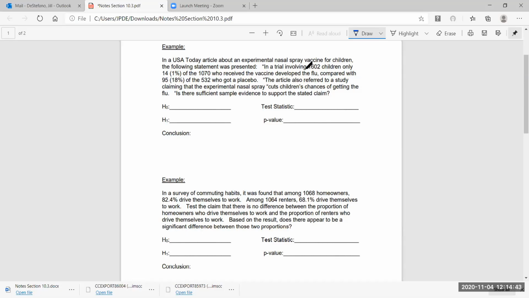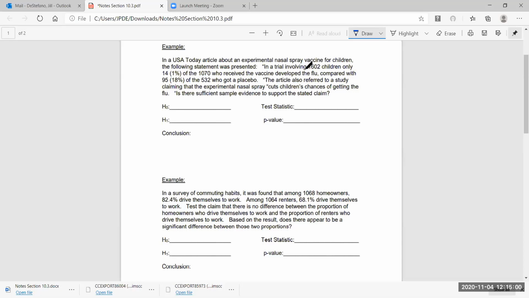The article also referred to a study claiming that the experimental nasal spray cuts children's chances of getting the flu. Is there sufficient sample evidence to support the claim?